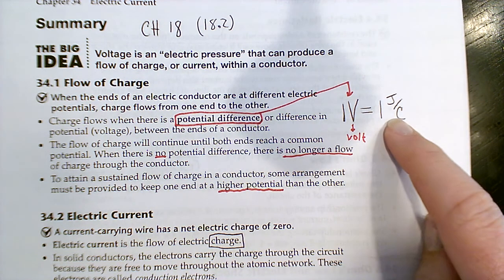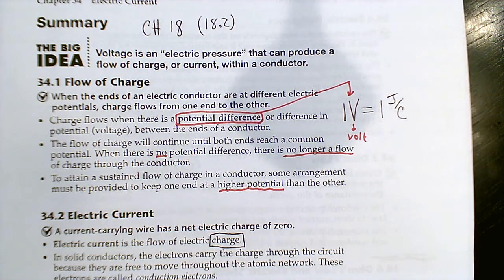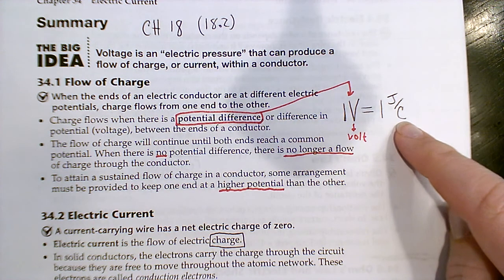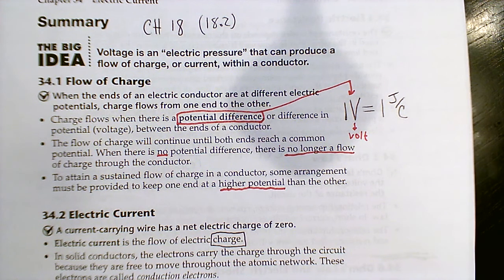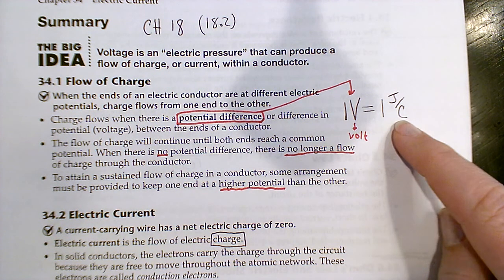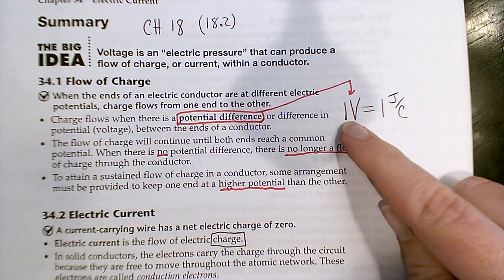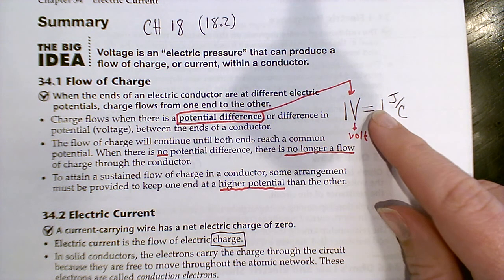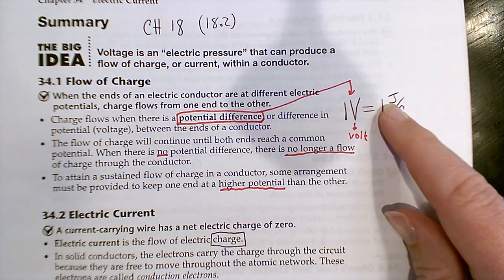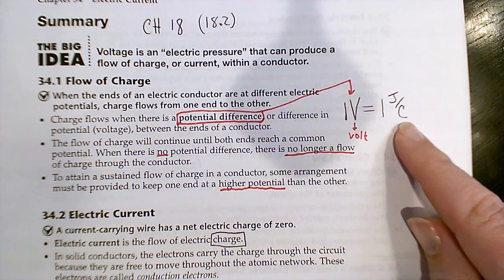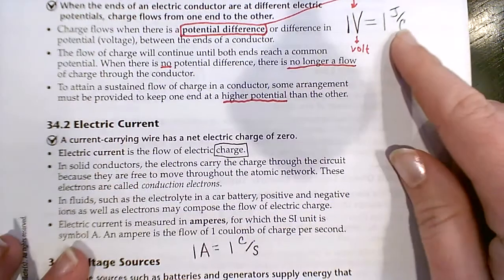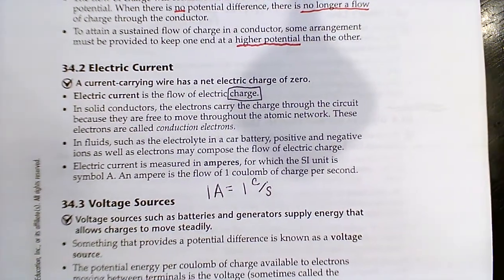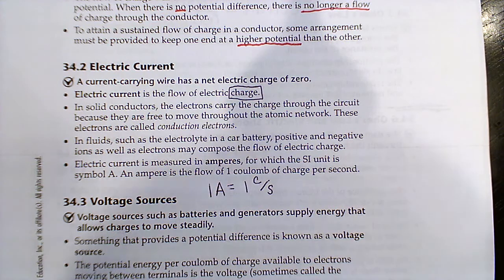And remember, a coulomb is a way to measure charge, because the charge on any individual proton or electron is so minuscule that we picked the charge of a lot of electrons or a lot of protons, and we called that amount of charge a coulomb. So a change of 1 volt is a change of 1 joule of potential energy per 1 coulomb of charged particles.